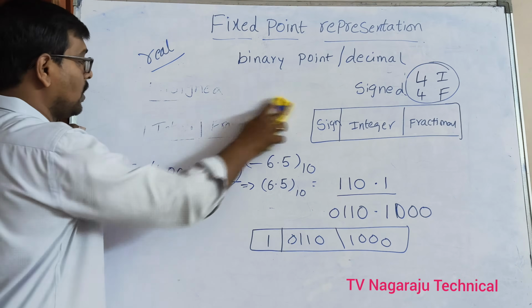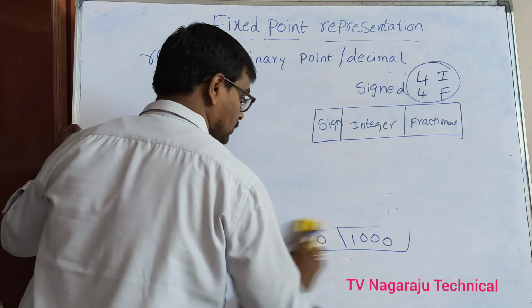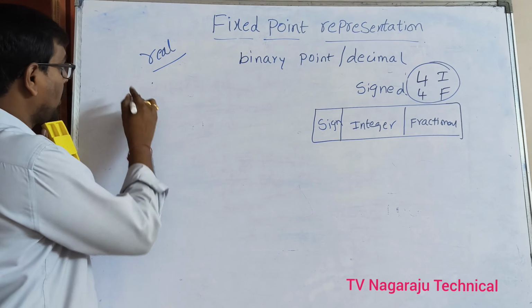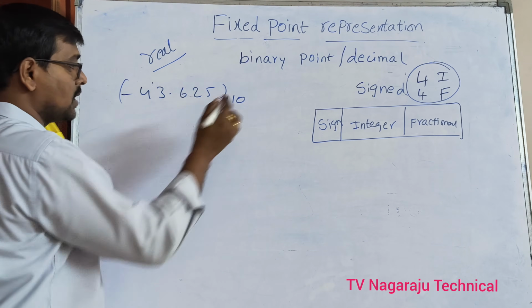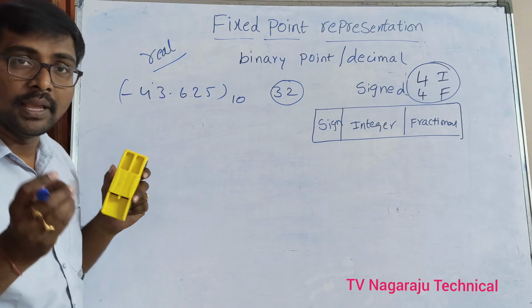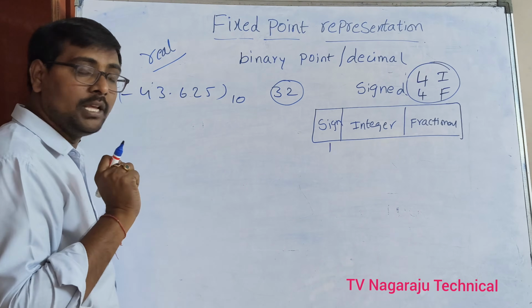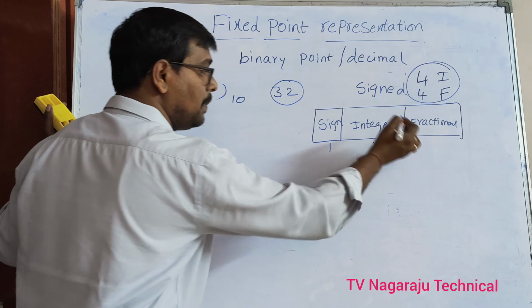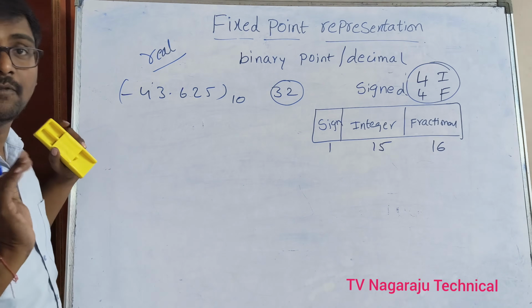Suppose we consider one more example. For example, minus 43.625 base 10. Assume a 32-bit representation. You can take any representation. In the 32-bit representation, 1 bit is used for the sign, 15 bits are for the integer, and 16 bits are used to represent the fraction.